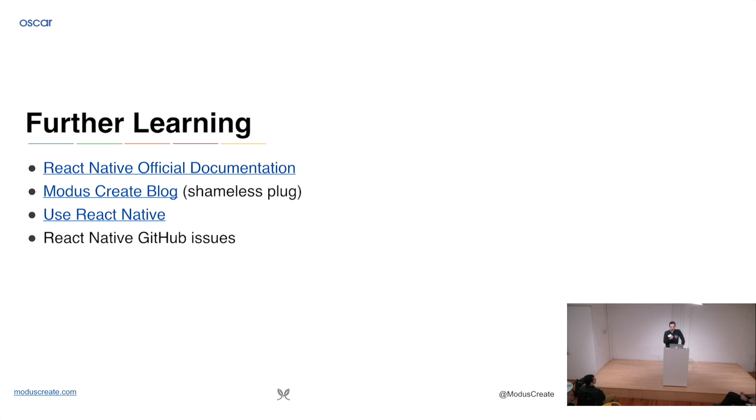We blog a lot about React Native, so you'll find a lot of tutorials and nice, good things to know there. Use React Native, that's an awesome site. And I found the React Native GitHub issues, that's a great place to learn about how React Native really works under the hood. You'll see a lot of the core committers talk about stuff there, give their explanations, and it's pretty peaceful so far, so it's pretty good.